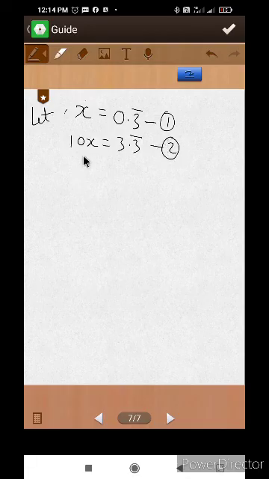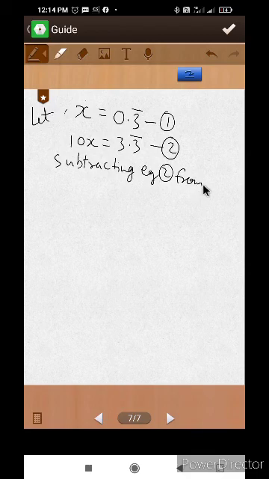Now we will subtract equation 2 from 1. Subtracting, we get 10x minus x equals 3.3 bar minus 0.3 bar.